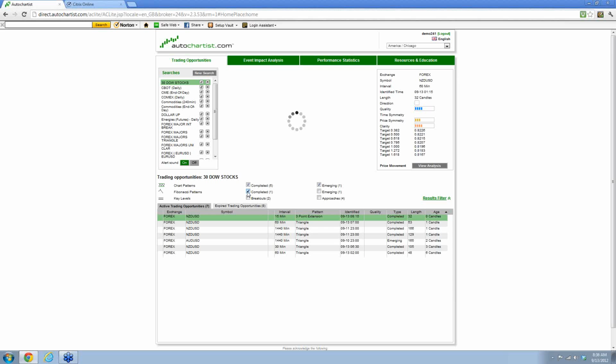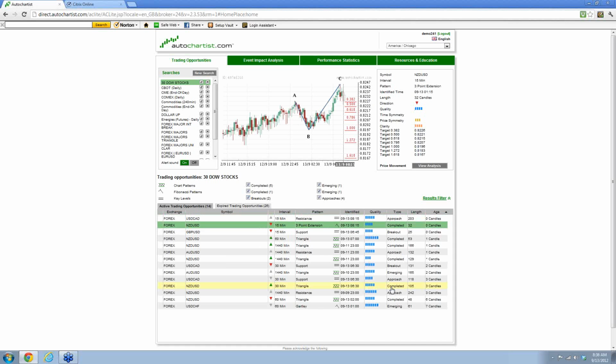If I see mostly emerging patterns the last few days, and I only have one recommendation for the day, that tells me we're in some kind of sideways pattern and we should get ready to trade some kind of breakout. So the type you're looking at, how many emerging patterns or completed patterns you see, tells you the type of conditions we're under.